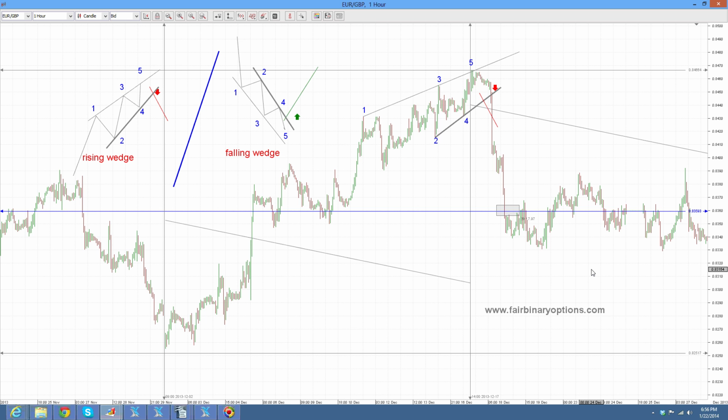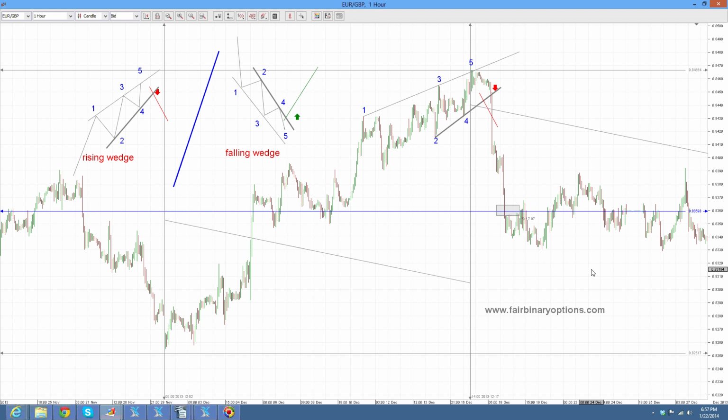This is how you are incorporating the time element in your analysis whenever you are trading binary options, and of course whenever you are trading wedges. In our case, we just gave you the example with the rising wedge on the euro, Great Britain pound.